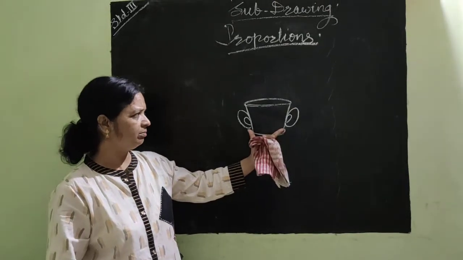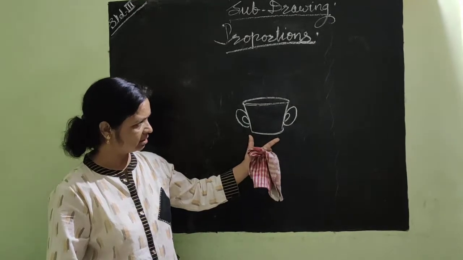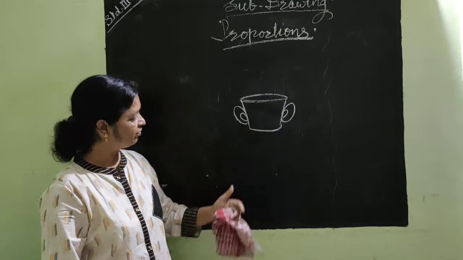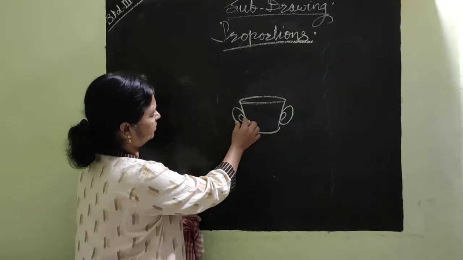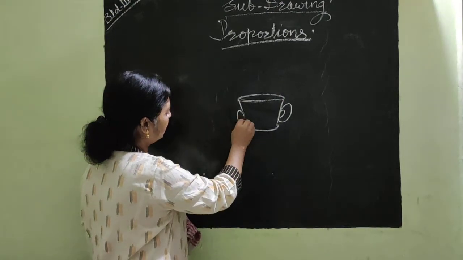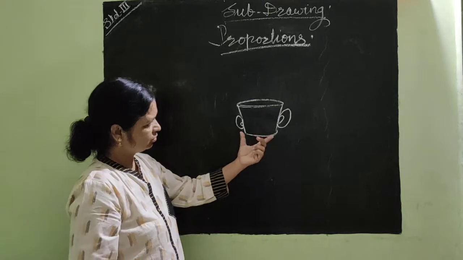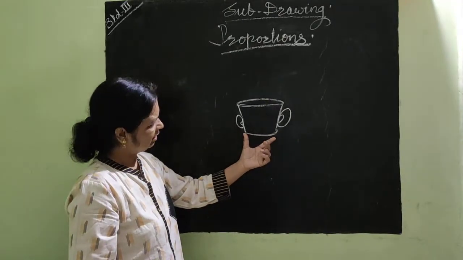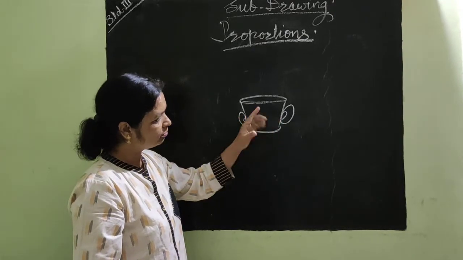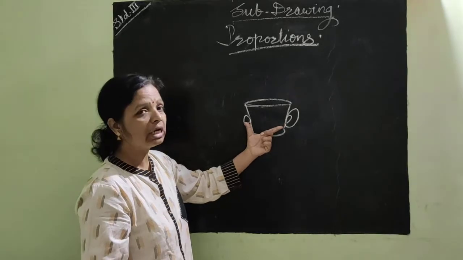So the handles are the same. We see this drawing is in proportion. But if we change any shape, this one or this one, then it does not look nice, and this is not in a balanced condition. So the elements of that particular thing must be proportionate to each other.